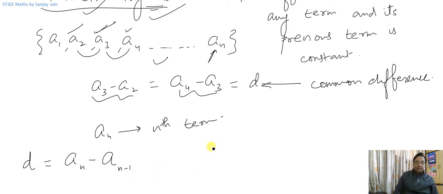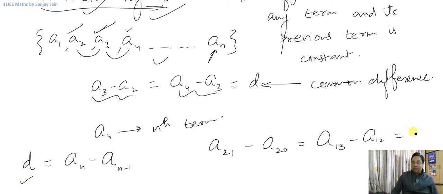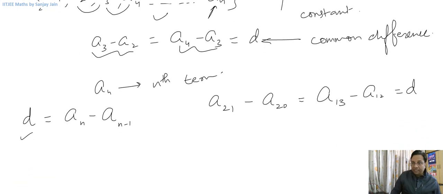And what I mean by it, that any term, let us say 21st term minus its previous term is equal to any term, let me take some other term, A13 minus A12 will also be equal to D, that is the common difference. This is the basic definition of arithmetic progression.